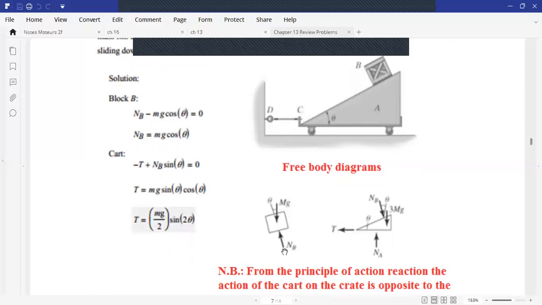And we know that by the principle of action and reaction, if the crate is exerting on the box an upward reaction NB, then the box will exert on the crate a force of the same magnitude NB in the opposite direction. So when I take the crate, I put NB opposing this one, and we have in addition the weight of the crate, the normal reaction with the ground, and the tension T.